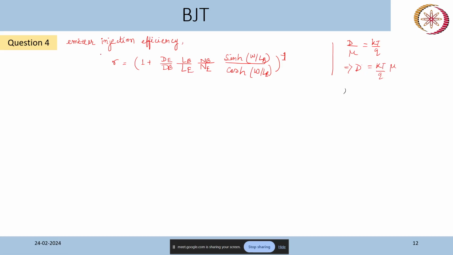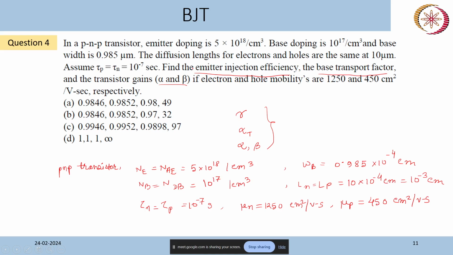This expression is valid both for electron and hole mobilities. Using this expression, let me simplify a little bit here. Lb and Le, the diffusion lengths, are the same for electrons and holes. It is a PNP transistor, so holes will diffuse to the n side.